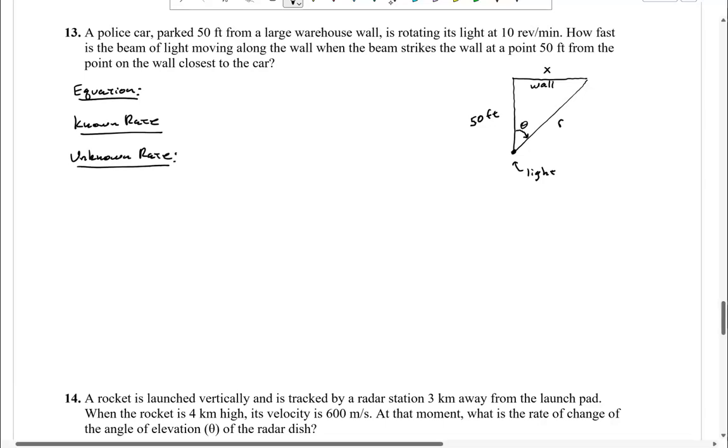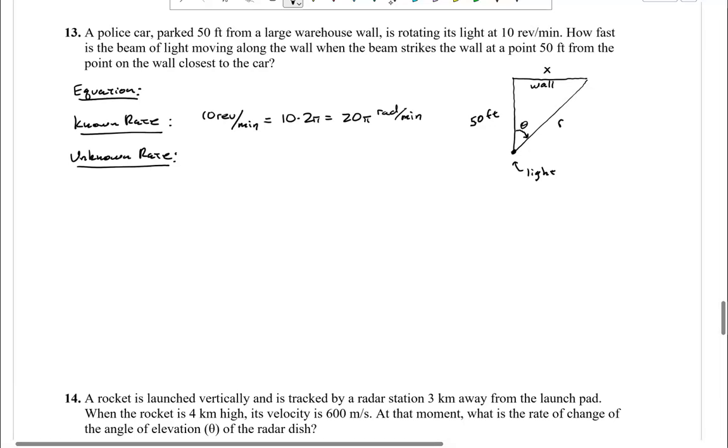So the known rate here is 10 revolutions per minute. Now we know every full revolution is 2 pi radians, so that's 10 times 2 pi, which gives us 20 pi radians per minute.